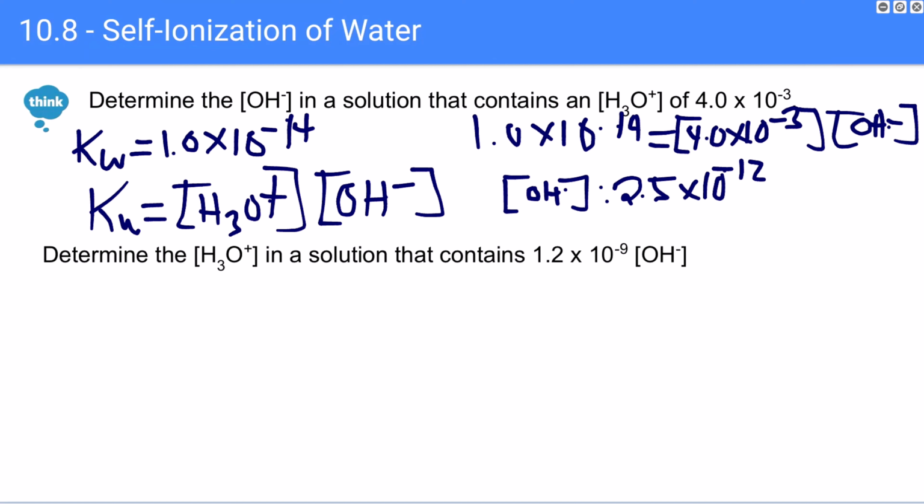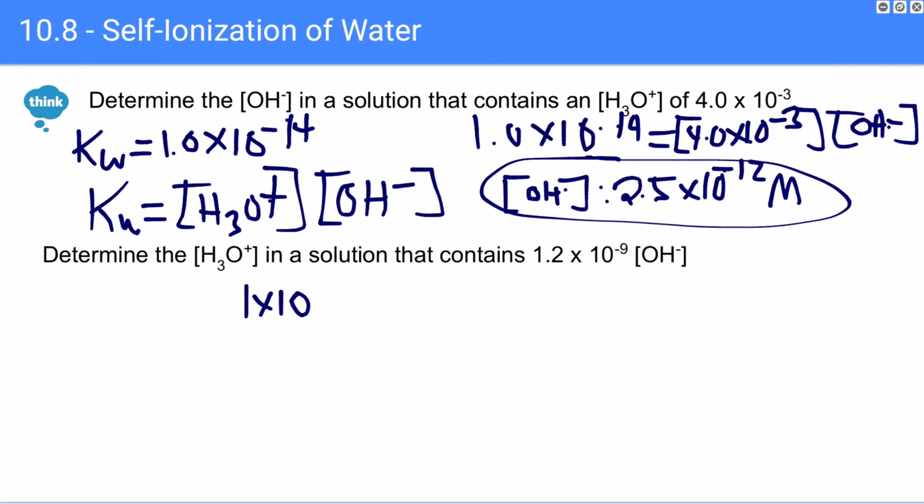These are concentrations, so we use M to describe them, or the brackets around OH also describe concentration. We're going to apply the same exact concepts to the problem down below. So we take 1 times 10 to the negative 14th. We need to find H3O+, that is our unknown.